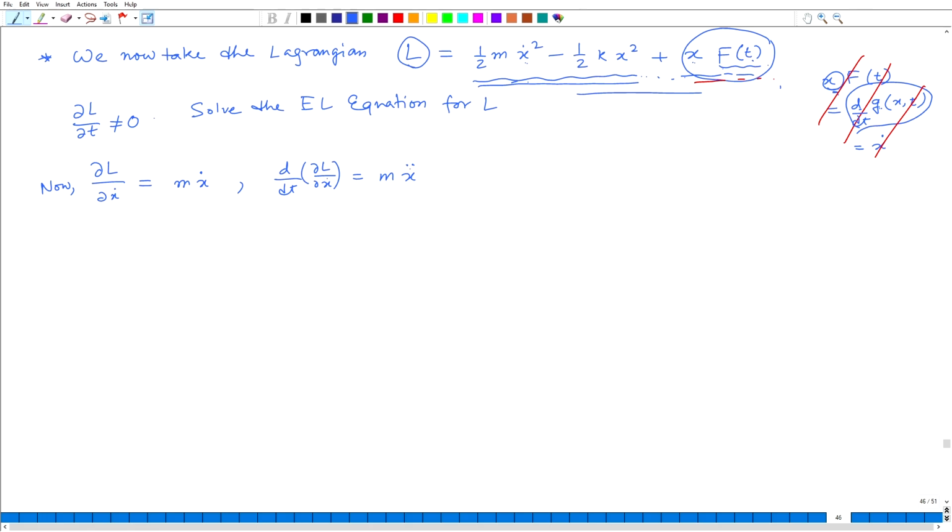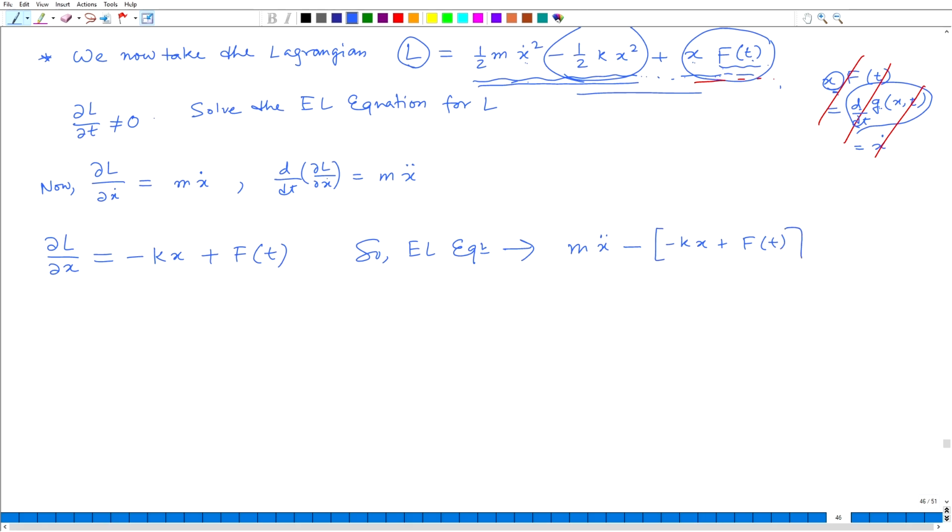Now, what will be your ∂L/∂x? That is a little bit tricky, because from this term you will have minus k x, but on the other hand, from this term you will have plus f(t). So the Euler-Lagrange equation again gives m x double dot minus (minus kx plus f(t)) equal to 0, and that is m x double dot plus kx is equal to f(t).